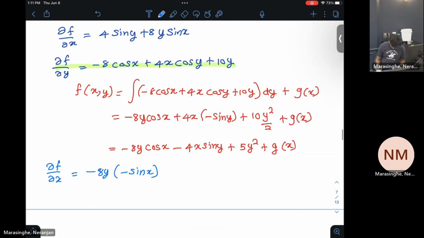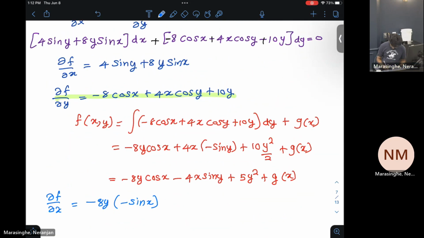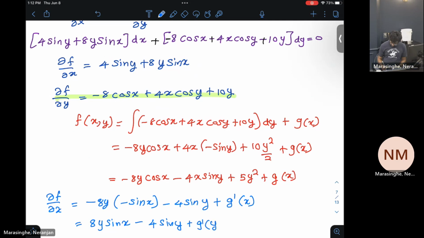And it would be 4 times sine y plus g'(x). Because I'm taking the derivative with respect to x, 5y² would act as a constant. I would get 8y sine x minus 4 times sine y plus g'(y).